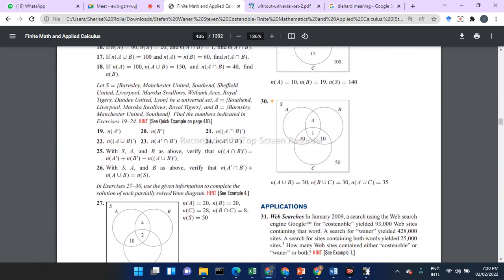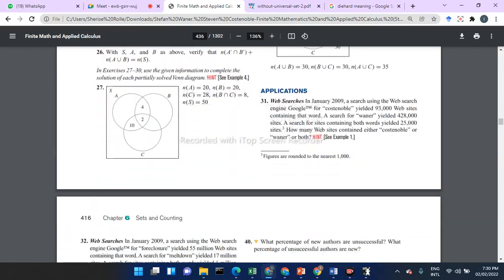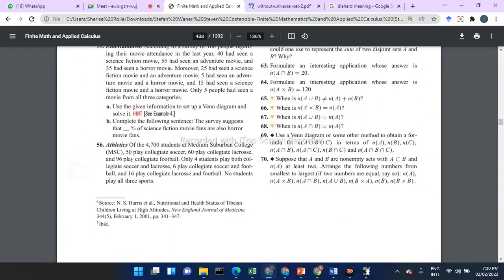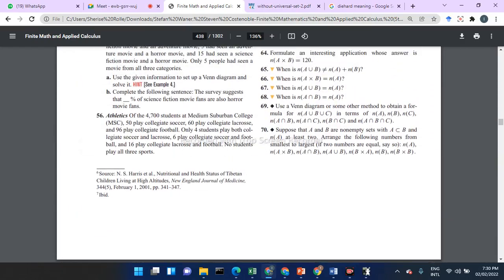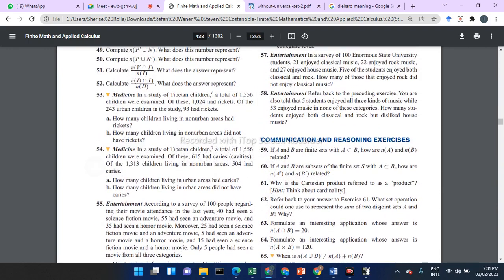I want something good, something that's not too hard, but manageable. Let's see.